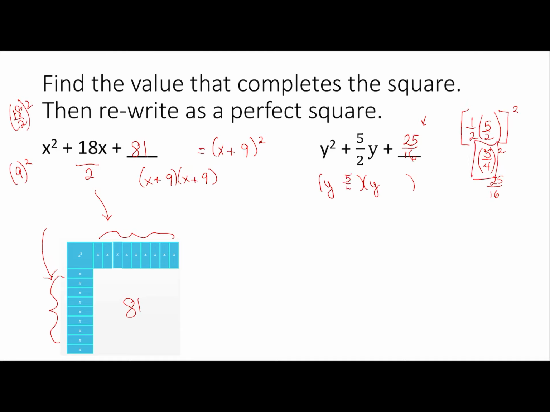So we'll have a 5/4 in each spot, and because they're adding to become a positive, we want them both to be positive. So this is y plus 5/4 squared. And once again, it's better to work with fractions as opposed to decimals.